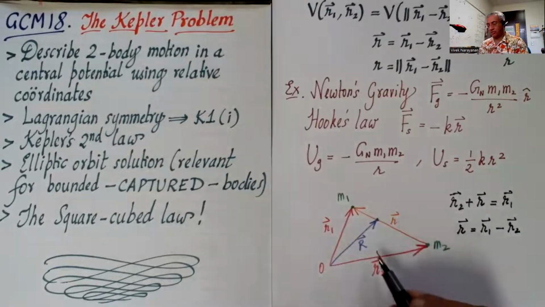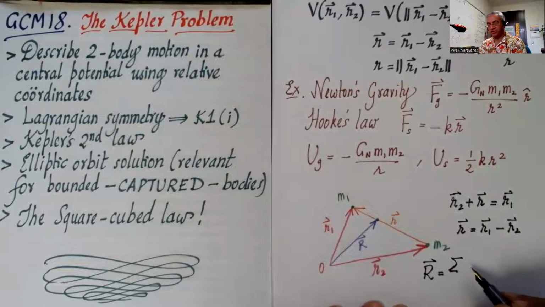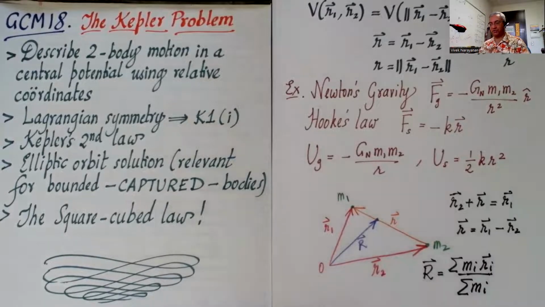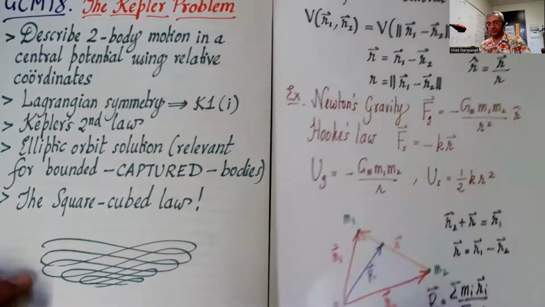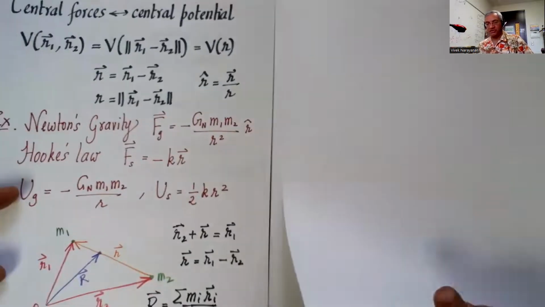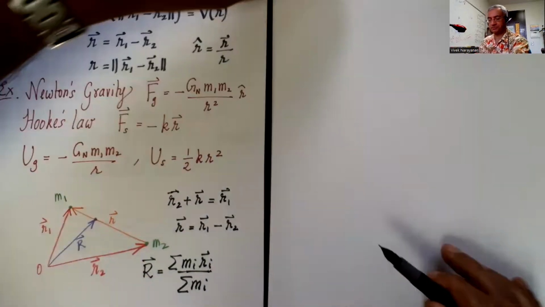Now the capital R, the location of the center of mass, is given by the usual formula for center of mass, and that is sigma m_i r_i divided by sigma m_i, which is of course valid for any number of particles, not just two. So now let us apply that formula and see what we get.